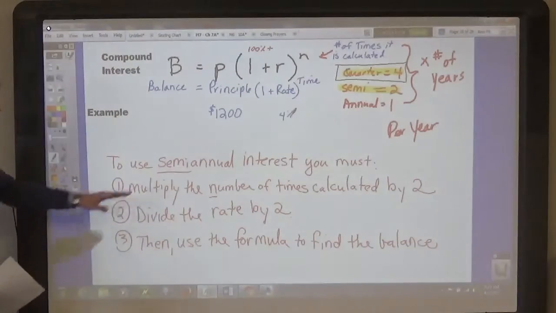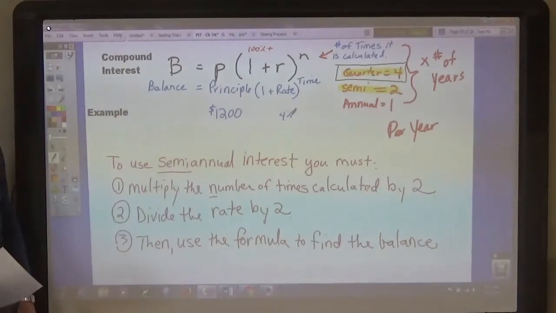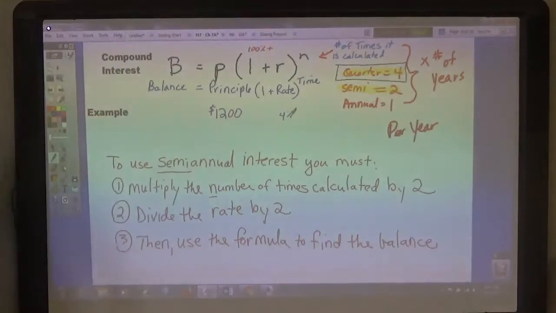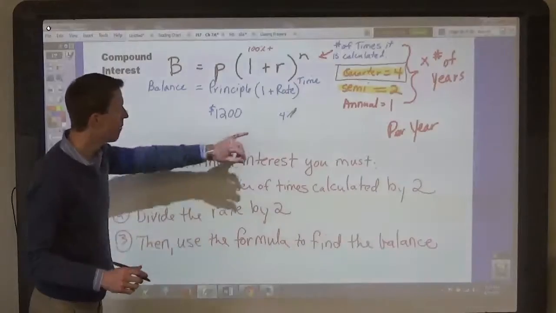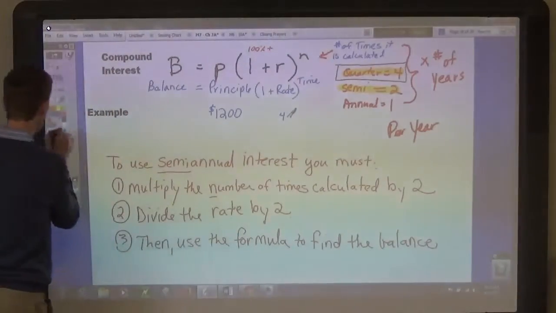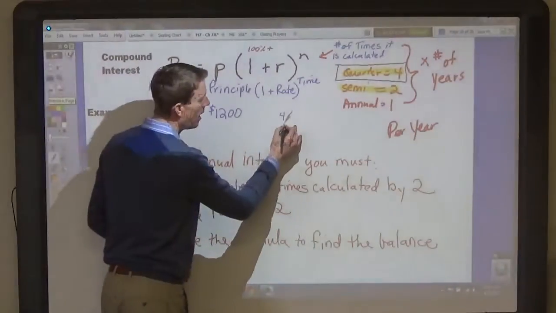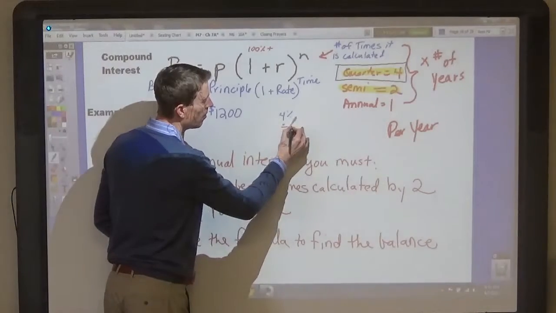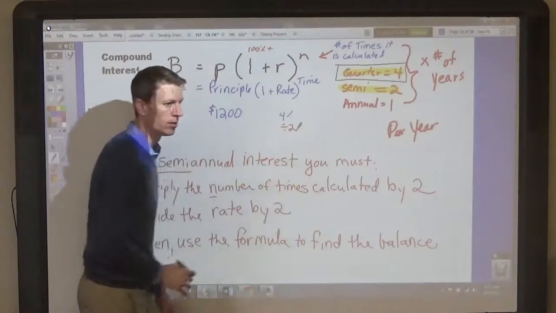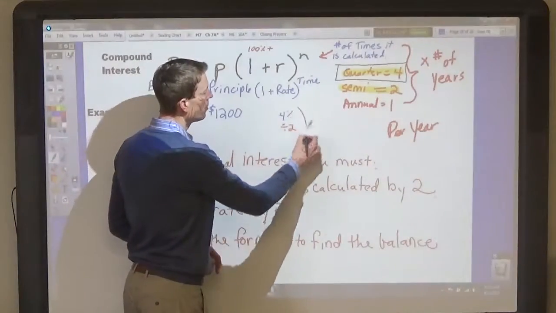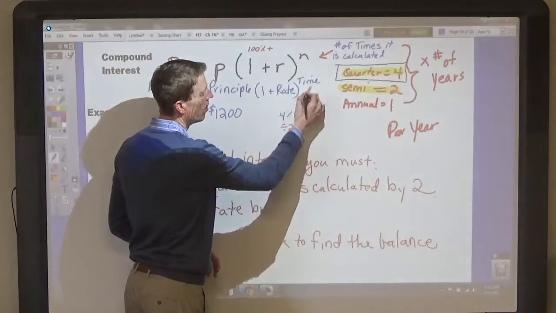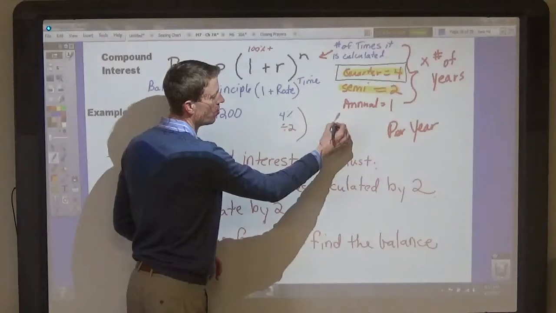Now, when you're doing semi-annual interest, here's what you have to do to adjust for that. You have to divide the interest rate by 2 and multiply the number of years by 2.